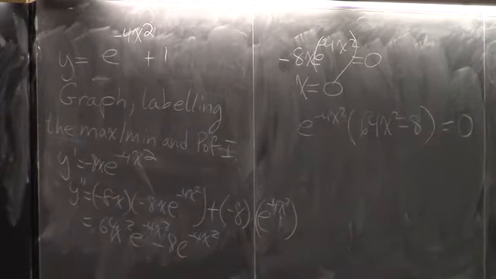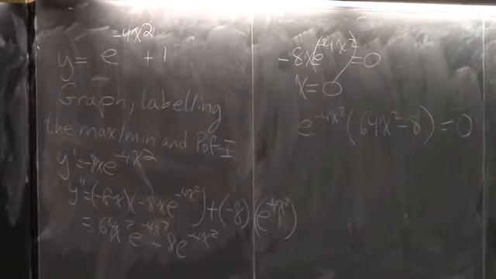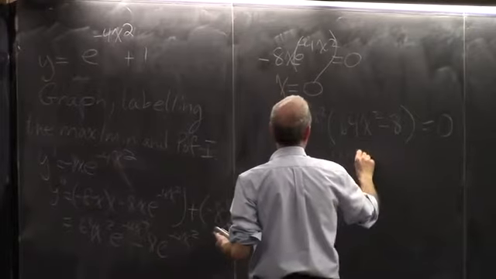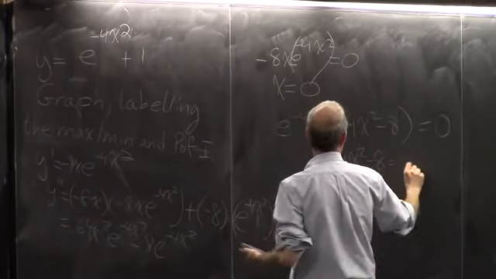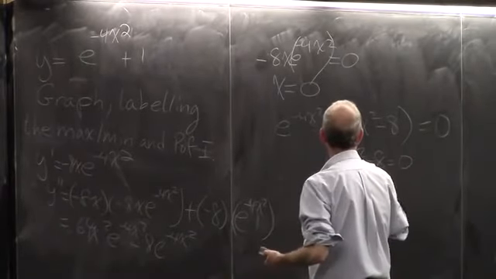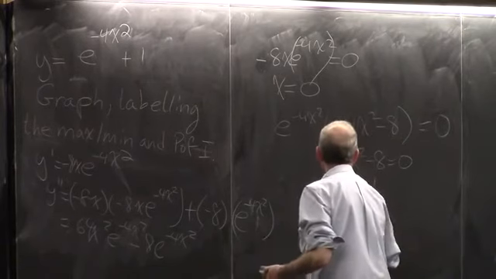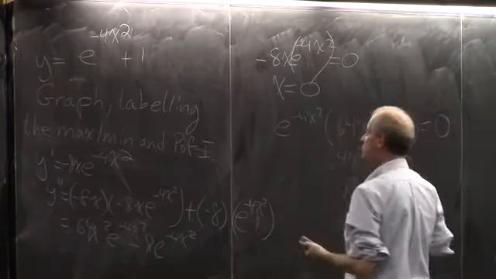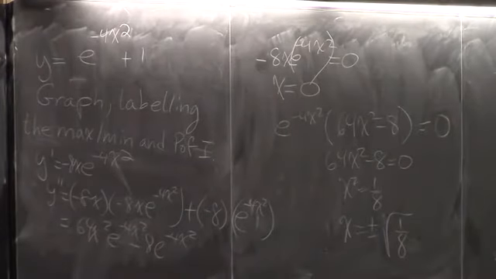And remember, the e term is never 0. So 64x squared minus 8 has to equal 0. So you get x squared equals 1/8, or x equals plus or minus the square root of 1/8. So far, so good? Any happy faces?